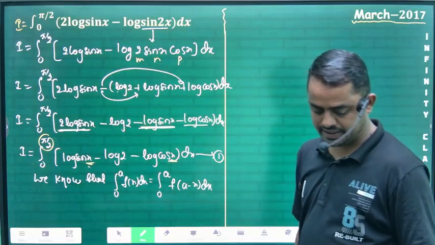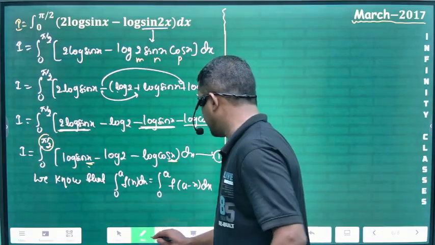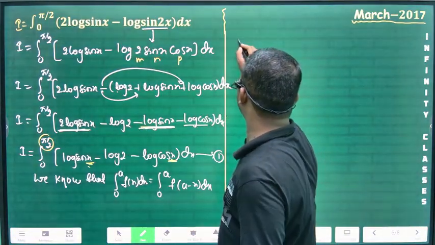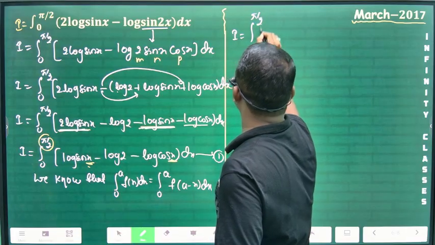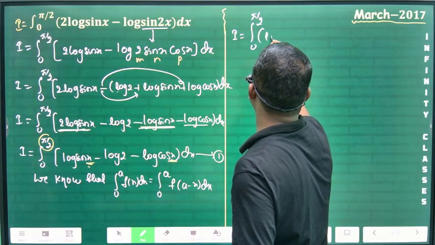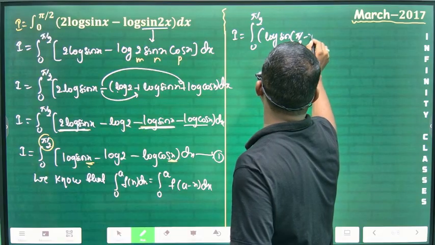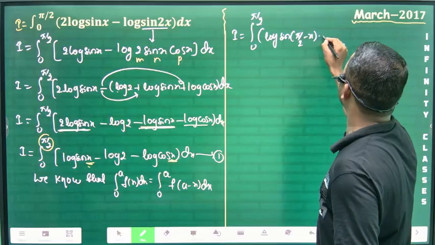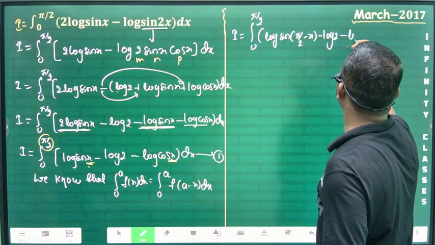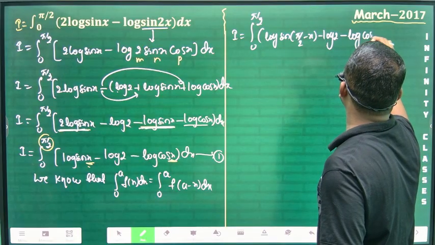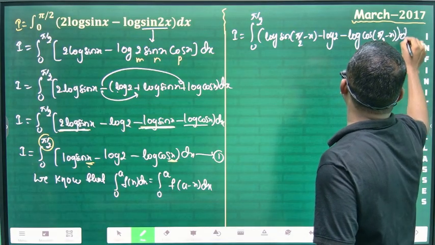Now see the next step, how to apply the property and write it. I is equal to the integral from 0 to 5 by 2 of log sin x will become log sin of 90 minus x, minus log 2, minus log cos x will become log cos of 90 minus x, dx.